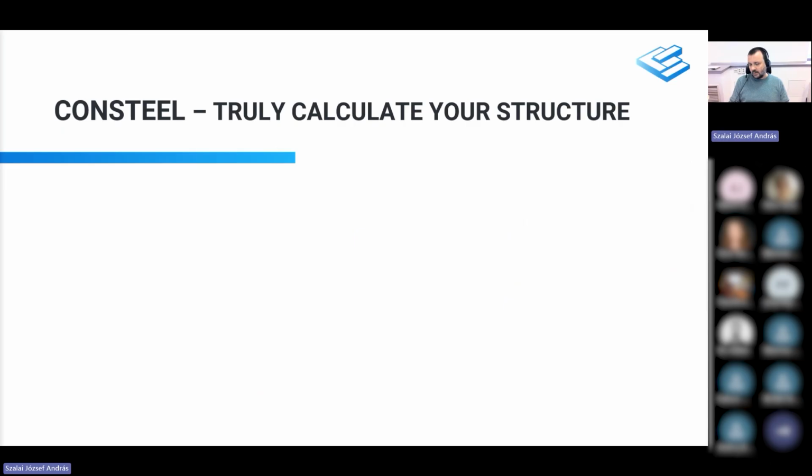First of all, let me say some overall words about Consteel, what we think Consteel is, why it is different compared to other software, and what our slogan means: truly calculate your structure. Structural design software is all about efficiency, making the whole design process more efficient.